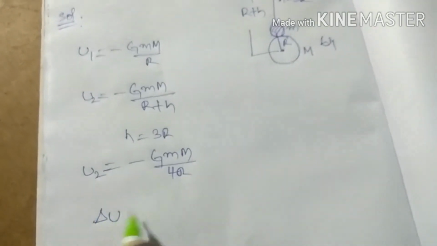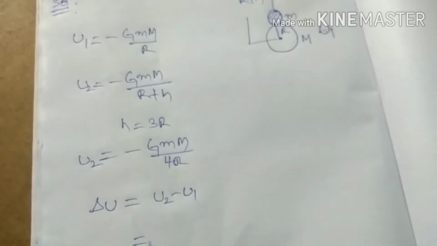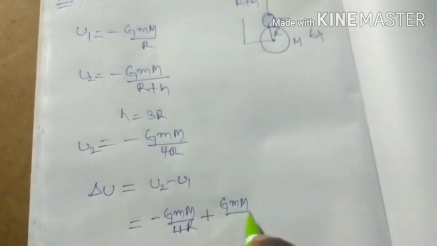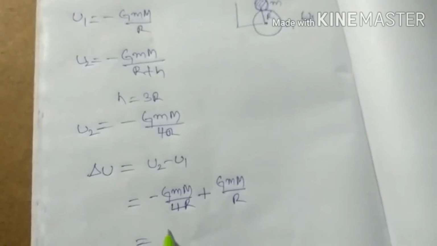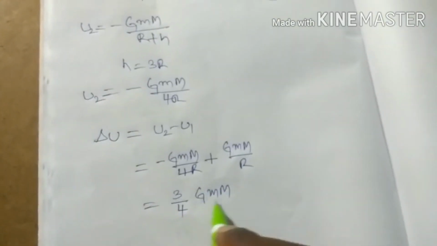So the change in potential energy delta U is equal to U2 minus U1, which is minus GMm by 4R minus of minus GMm by R. Minus of minus is plus, so it is equal to 3 by 4 GMm by R.